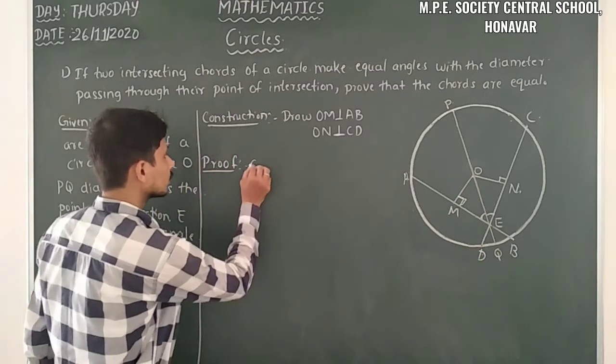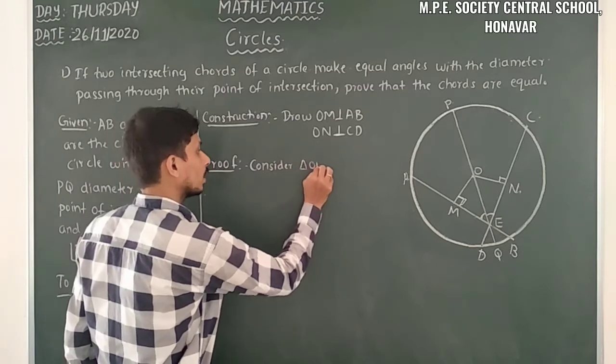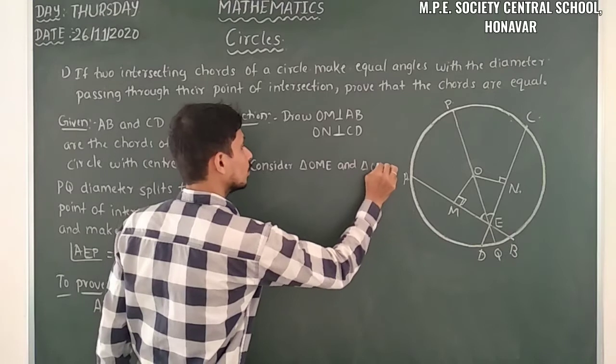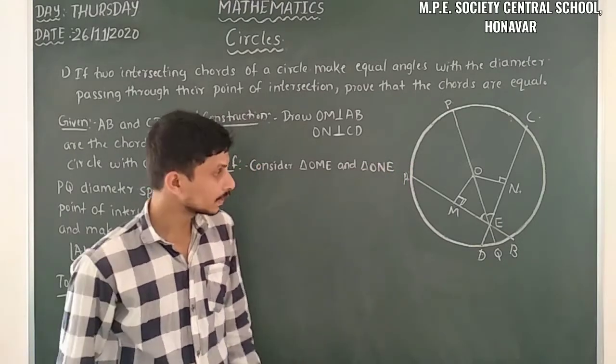So consider triangle OME and triangle ONE. What are the equalities we can find here?